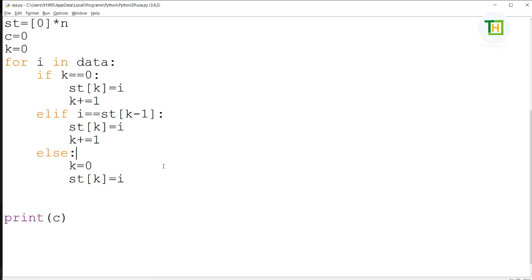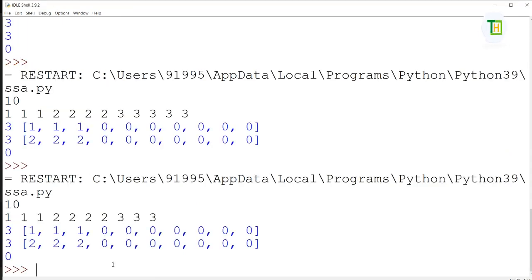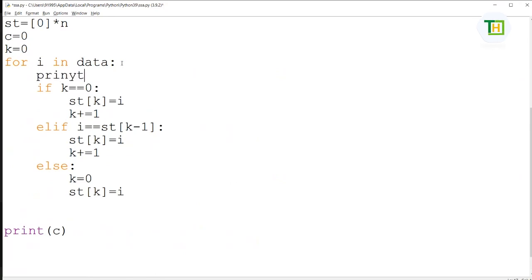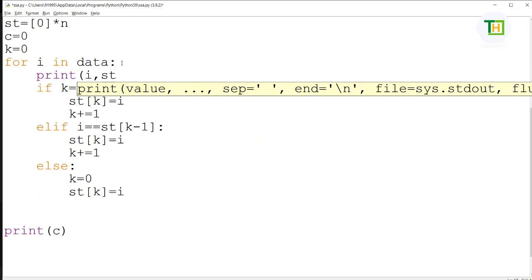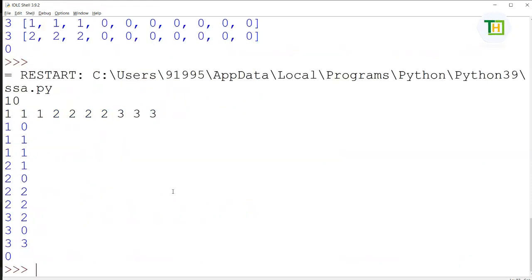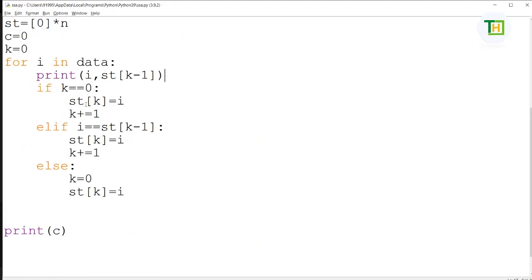Why it is not going for the next value? Print of i comma st of k minus 1. First value is going to be 0. Normally it is going with 0 here. Okay, that is missing here.